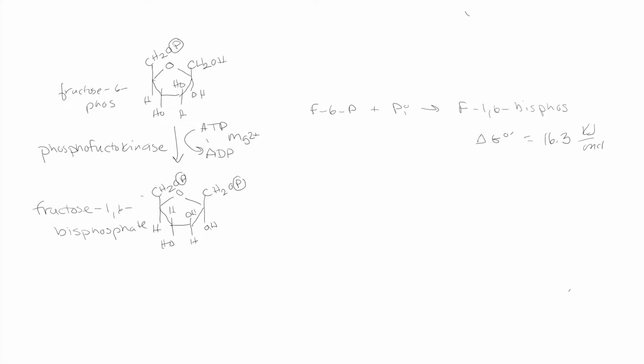So it's not going to be favorable, and it's therefore not going to proceed without the coupling of ATP as a priming reaction. But remember that ATP brings about 35 kilojoules per mole and change to the party.